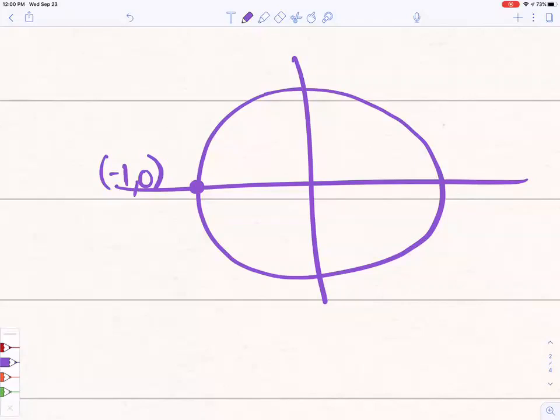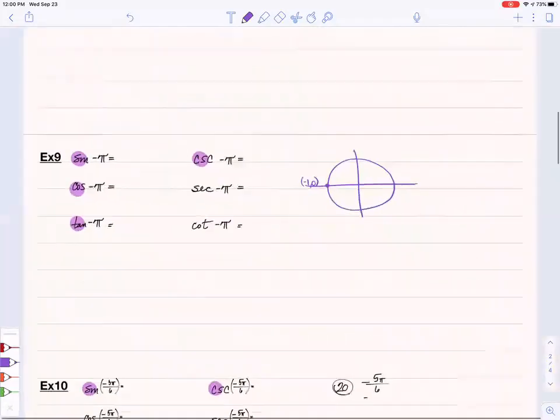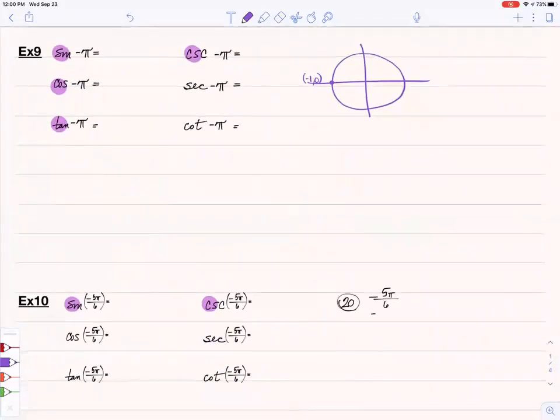What did we do when our coordinate landed on an axis? Oh, we worked with the reference triangle. Do you remember that guy that I drew up on the board? We worked with the reference triangle: x, y, r, and theta. Remember this guy? Okay, so when it was on an axis, this is how we dealt with it.